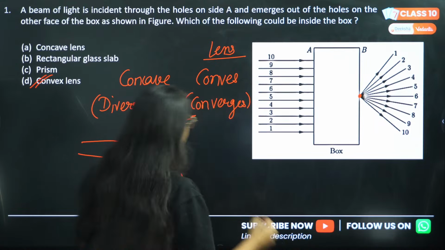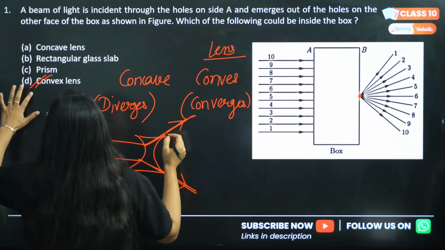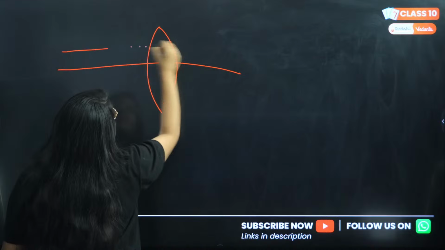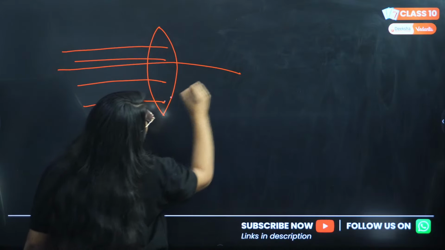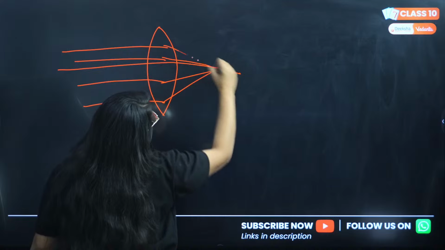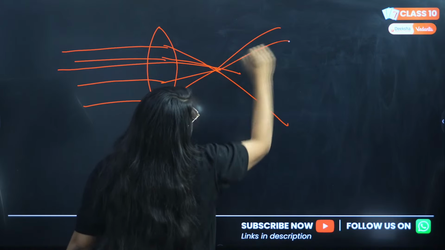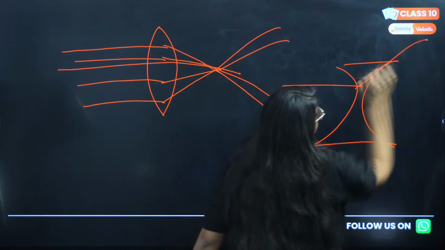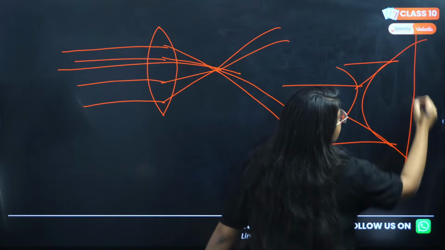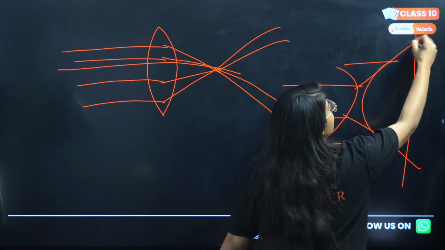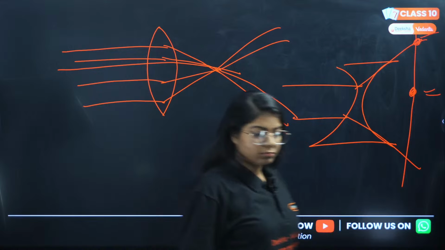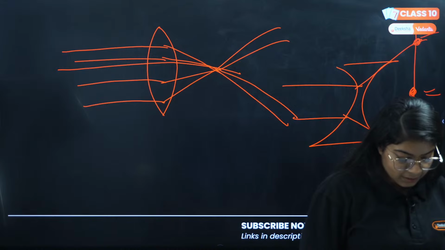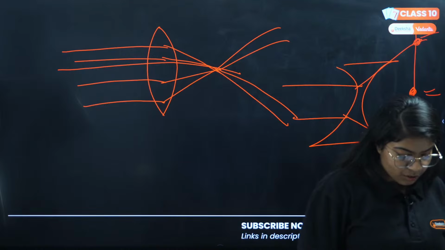How will that happen? If I have a convex lens, then only if my rays are coming parallel will they converge at one point, and then only they can travel something like this. If I have a concave lens, the rays will get diverged. And if my box just has this one hole, how will this ray come out of this hole? Hi Piyush.